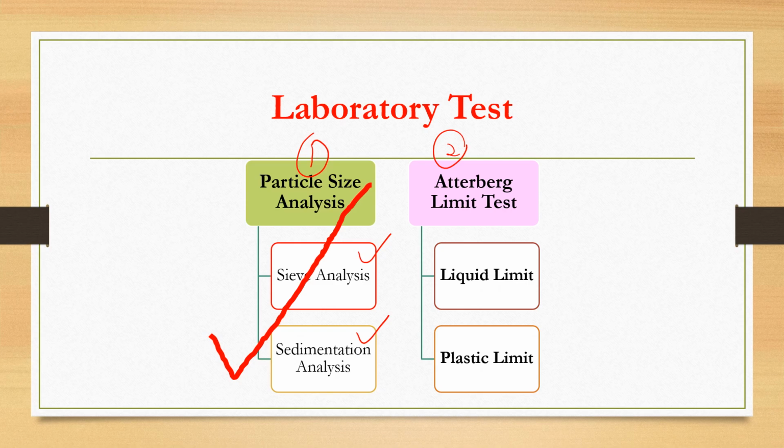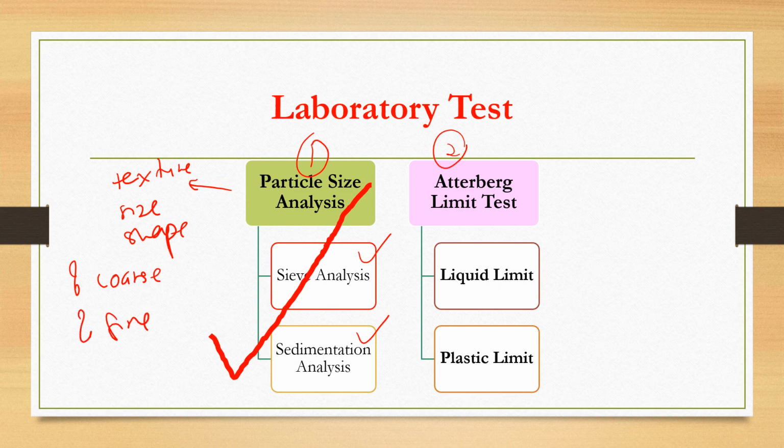And remember, when you're talking about particle size analysis, the assessment is based on the texture, which means you're looking at the size and also the shape of the particles. So you are able to quantify the percentage of coarse and also the percentage of fine.